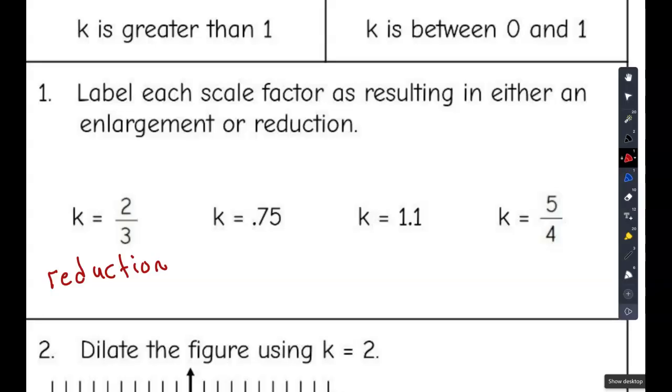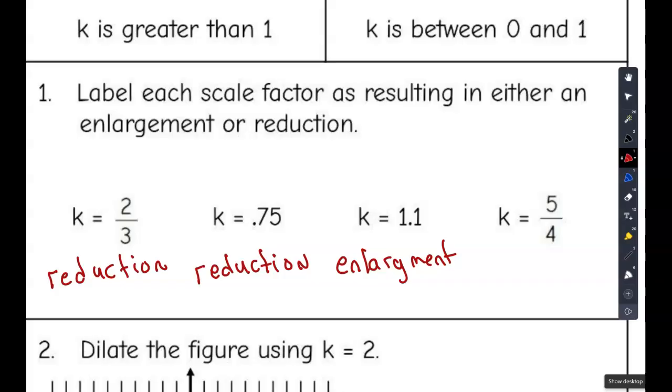What do you think about the next one? It is also a reduction because it is less than 1. What about the next one? It is an enlargement because it's greater than 1.